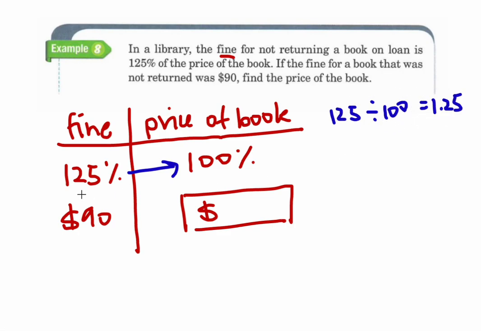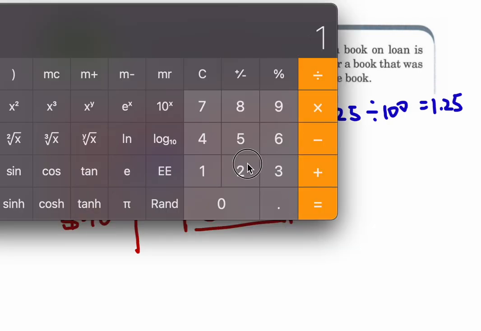So then I would assume that means 125 has to divide by 1.25 to get to 100. Let me just double check in my calculator. 125 divided by 1.25 is 100, yes.